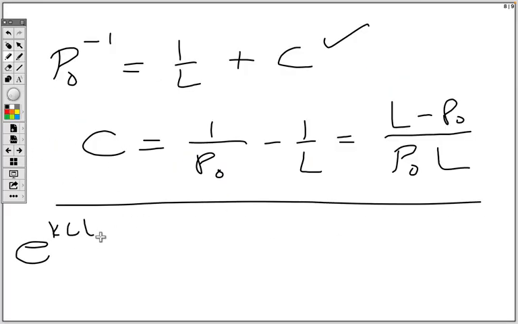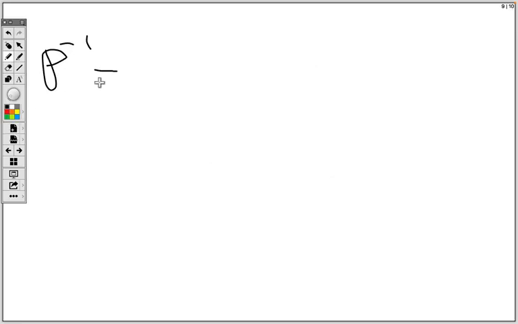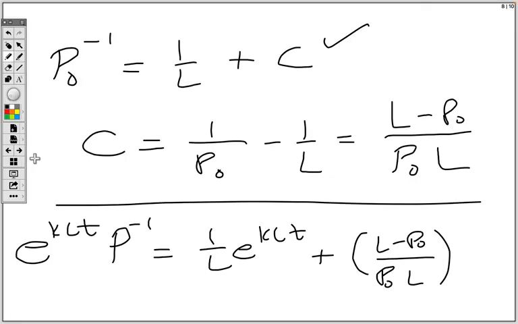So e to the klt p to the minus 1 equals 1 over L e to the klt plus C. So if I want to solve for p now, I can divide through by that exponential. And once again, when you divide by e to the klt, that's the same as multiplying by e to the what? Negative klt. Very good.